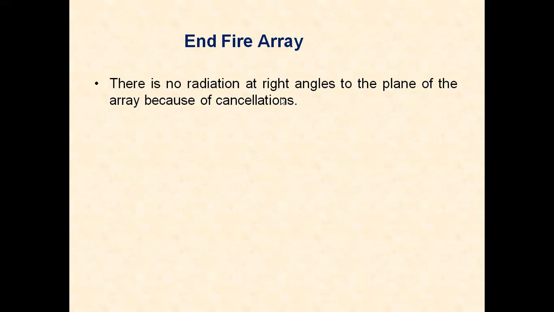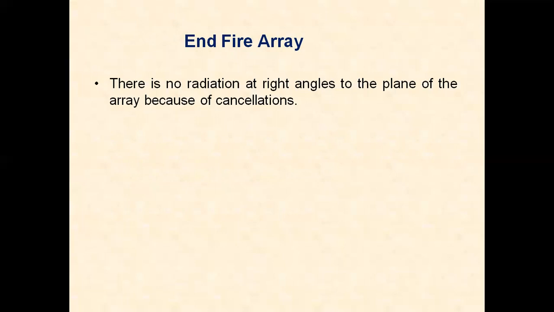Cancellations occur in the perpendicular direction of the array axis, and hence the end-fire array produces reinforcement of the field only parallel to the array axis. When there are cancellations at right angles, we are not getting a field perpendicular to the array axis.